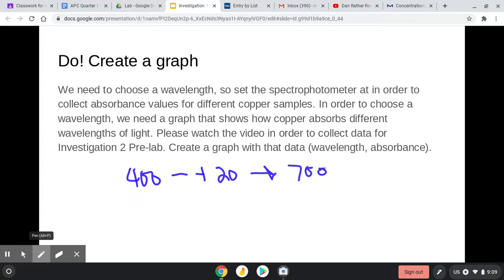So I want you to create a graph of the absorbance versus wavelength for this data. So watch the video, collect the data, and then you're going to create a graph.